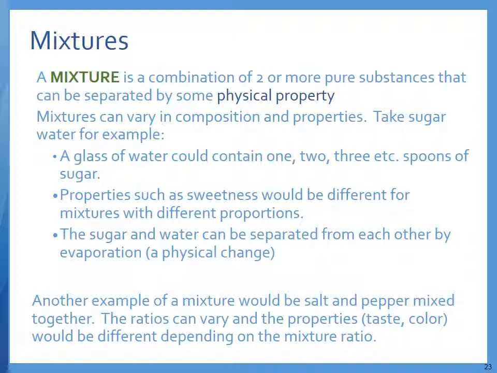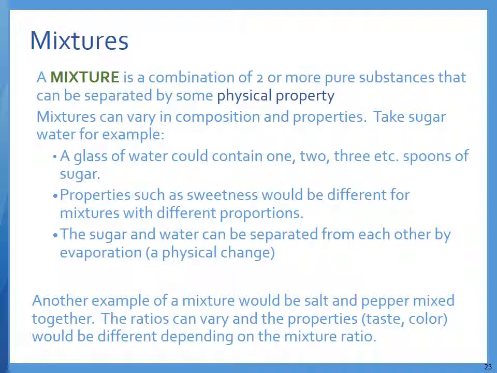And then finally, we have mixtures. Mixtures are combinations of 2 or more pure substances that can be separated by a physical property. So the difference between a pure compound and a mixture can be seen right here. Mixtures can vary in composition and in properties.